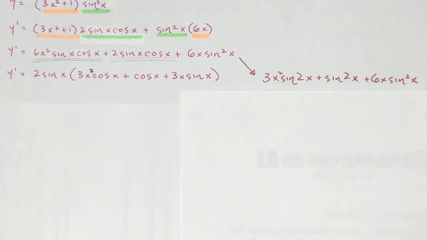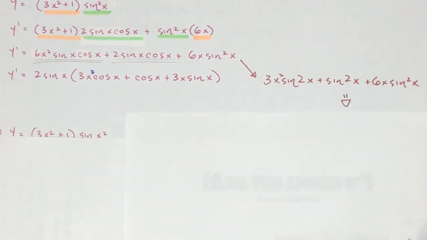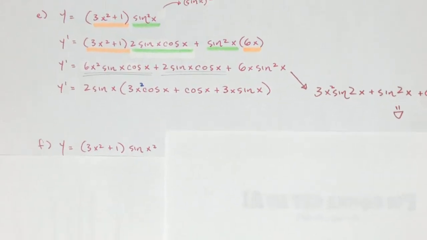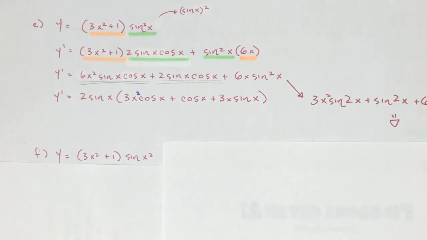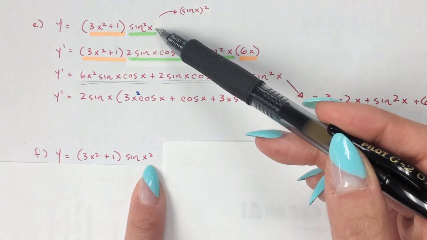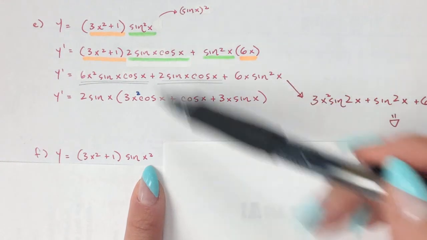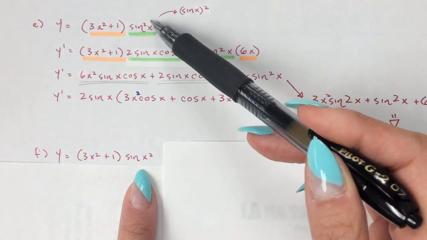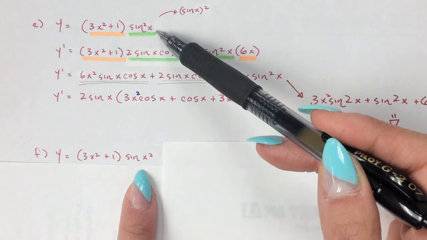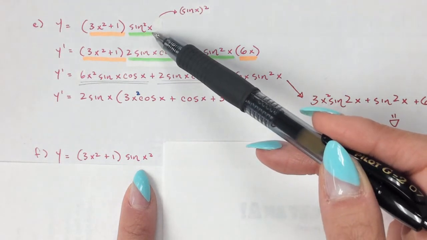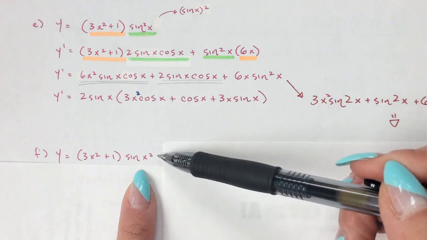Okay. So the last thing you're going to check and put on homework helpline is F. So notice the difference between this one and this one, right? So how would that be different when you do the product rule? How would this be different than this when you take the derivative of sine squared x versus sine x squared?